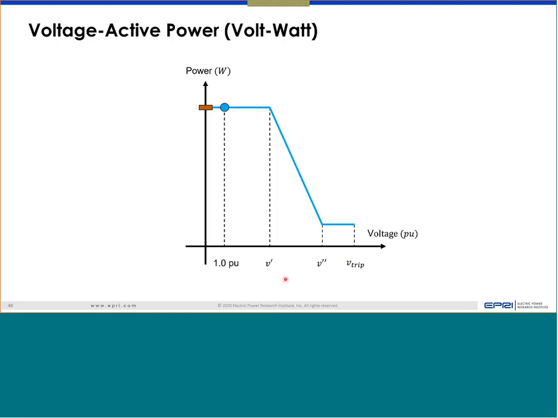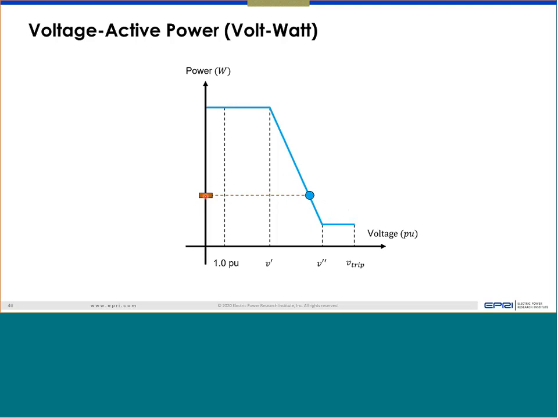If I want to show the simulation, say the voltage has gone up, but it's still within the V prime. So there is no change in the real power here. You can see that. Now after that, if the voltage goes further high, even if it has the potential to generate this much power, it has to reduce it to this level.